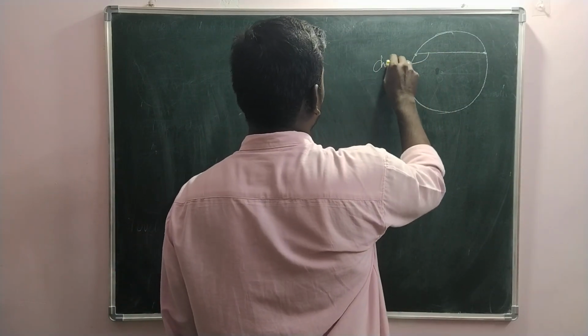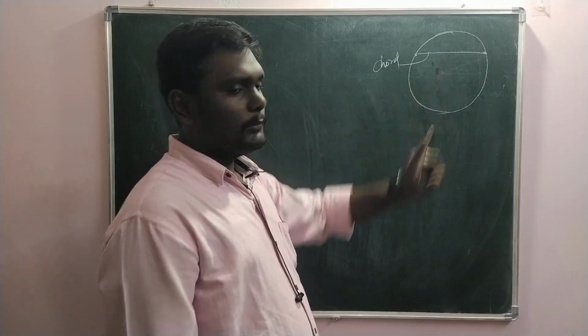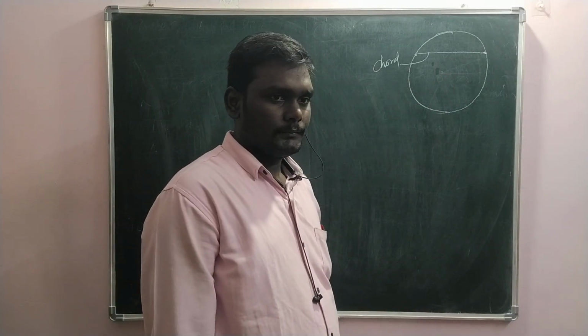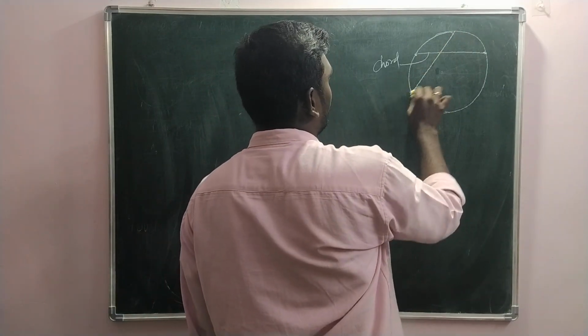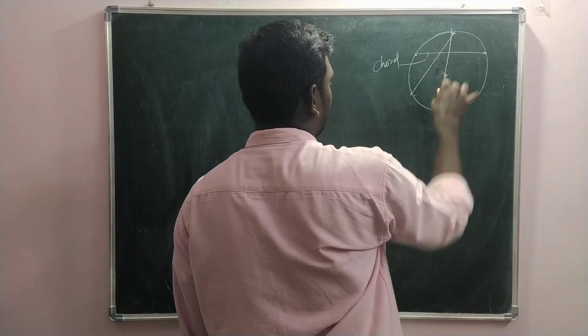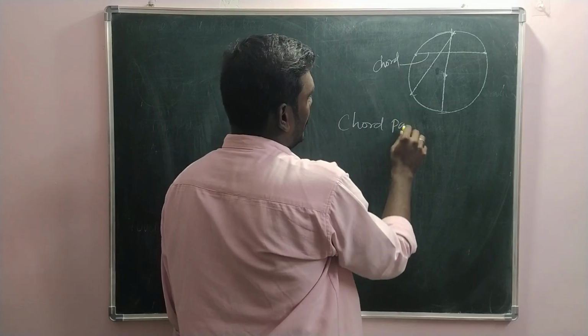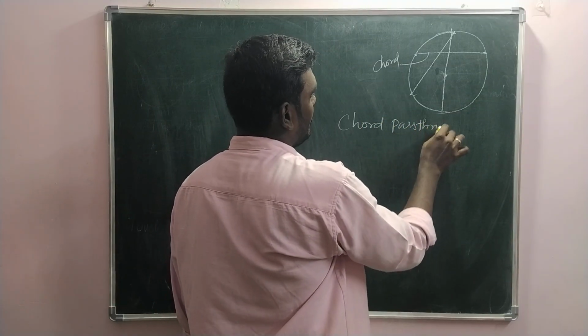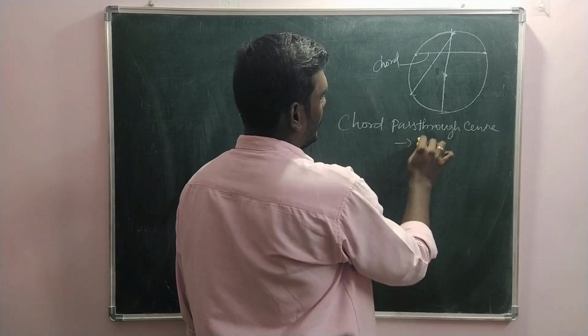Remember, how many chords are possible for a circle? Infinitely many chords. Among those, some chords may pass through the center. The chord that passes through the center has a special name: diameter.